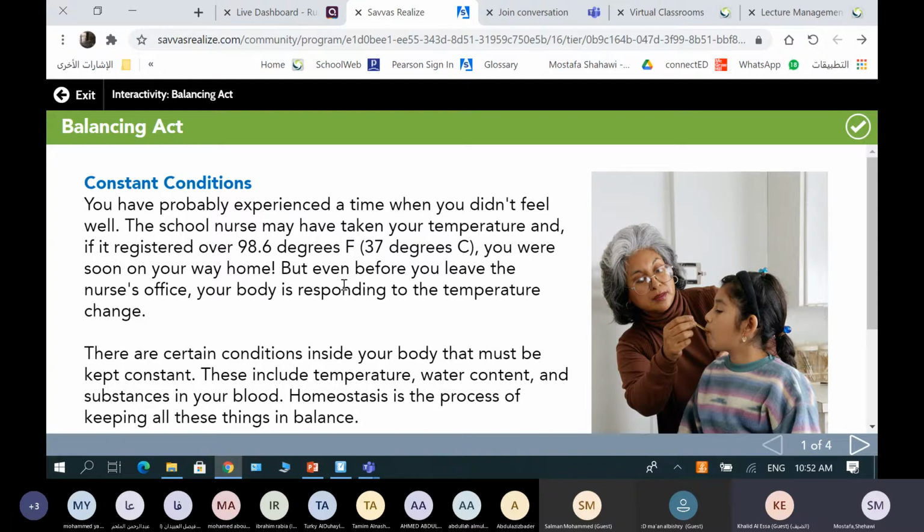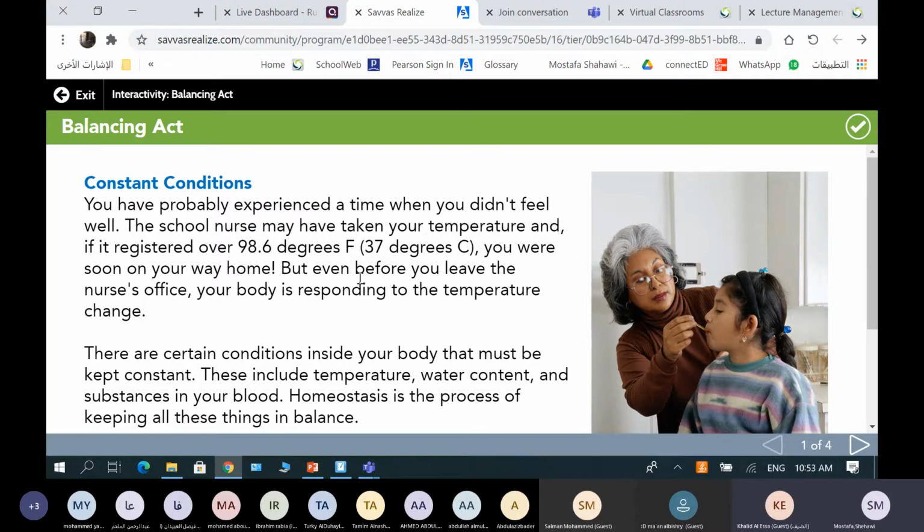Constant conditions. You have probably experienced a time when you didn't feel well. The school nurse may have taken your temperature, and if it registered over 98 degrees Fahrenheit, 37 degrees Celsius, you were soon on your way home.